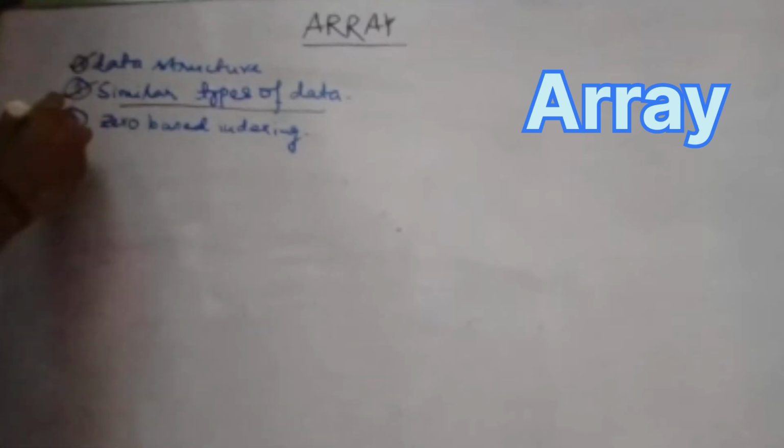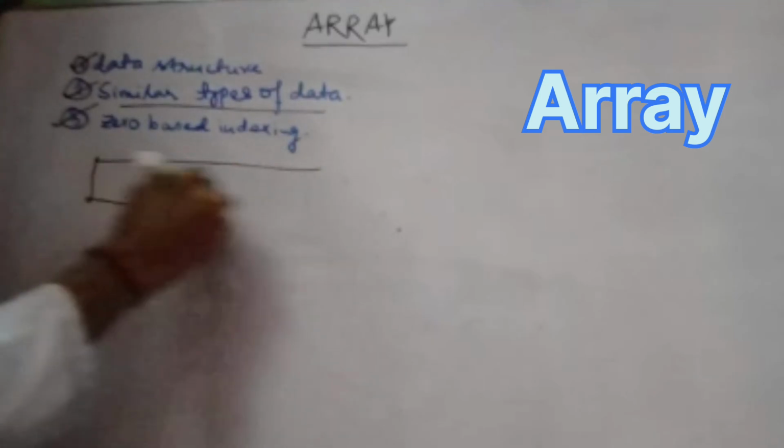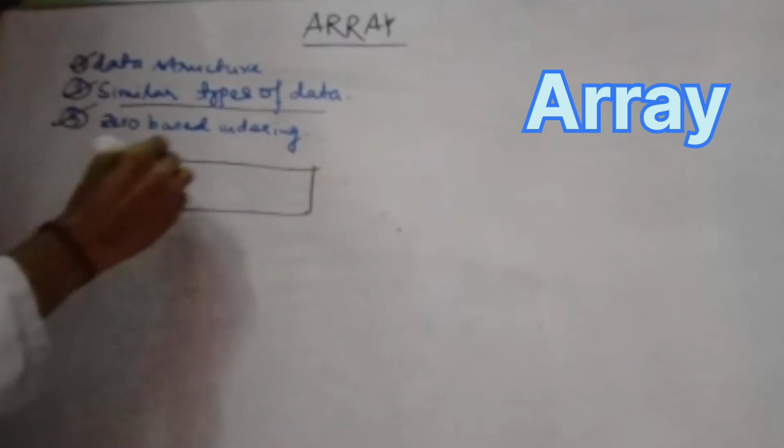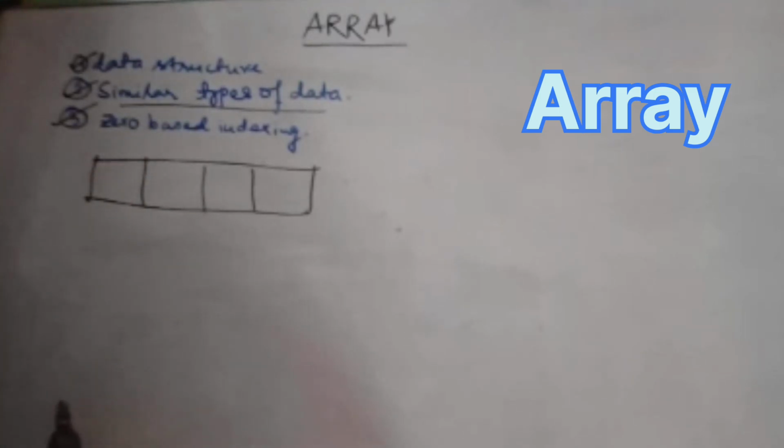Another part is that it consists of zero-based indexing. What does that mean? Let's say there is an array, and it is zero-based indexed. By default it is zero-based indexing, in C programming and most programming languages.